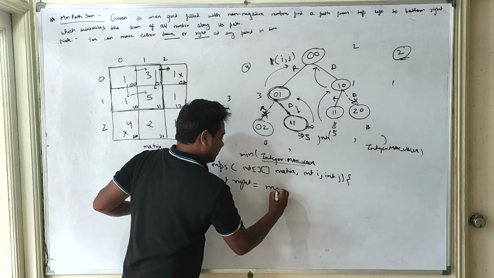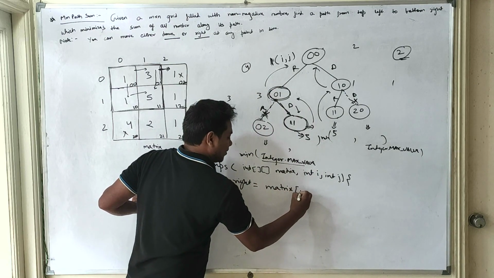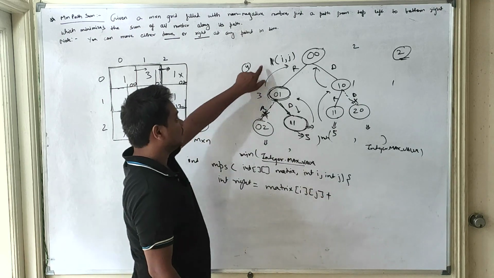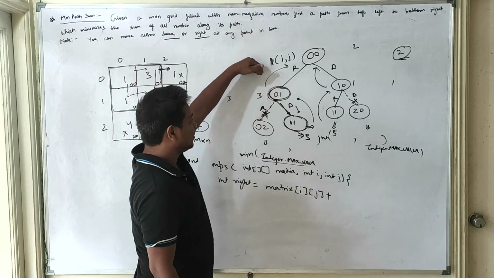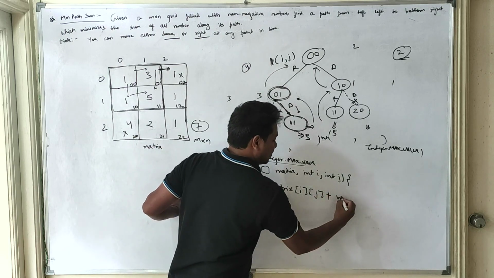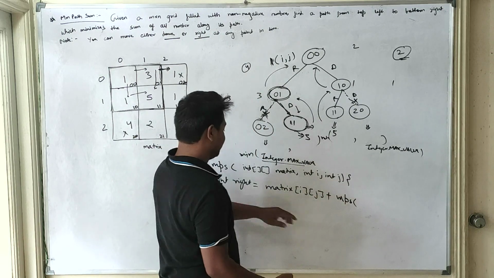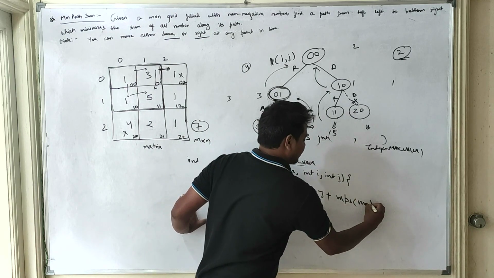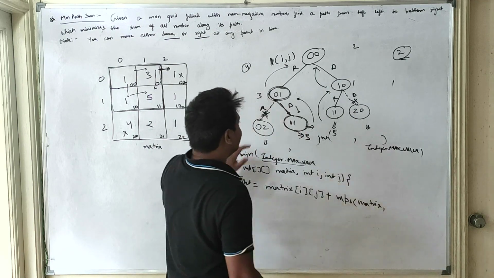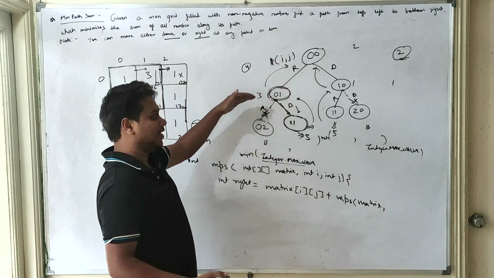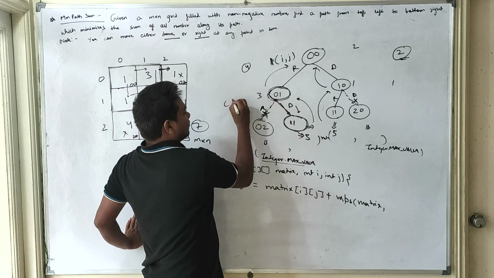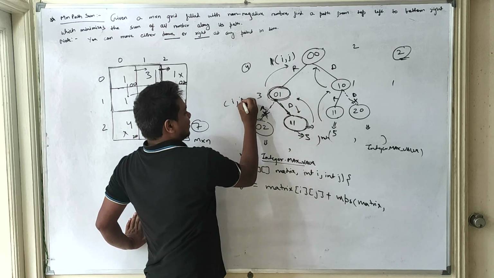So it would be matrix[i][j] plus, okay, so I am adding this value 1 with the subproblem. So what is the subproblem? MPS, that is minimum path sum. Again we would be passing matrix, but what is happening over here? We are going to the right. So while going right, we are keeping i constant, but we are incrementing in j.